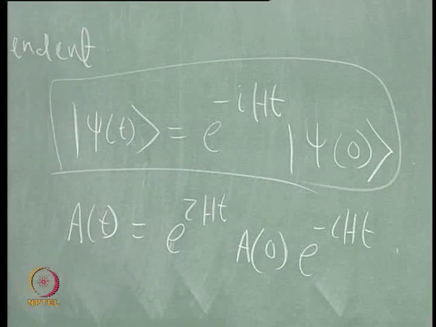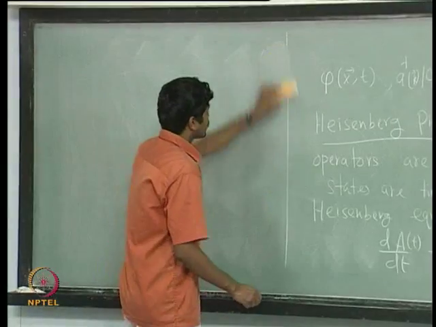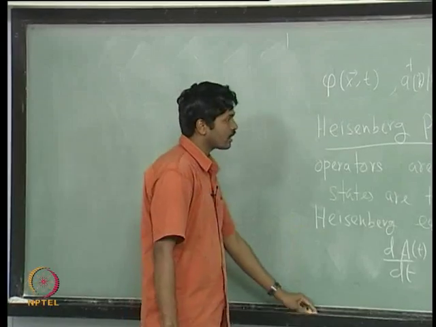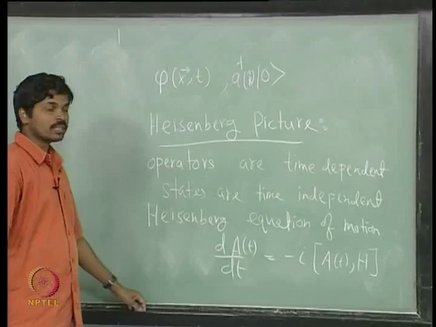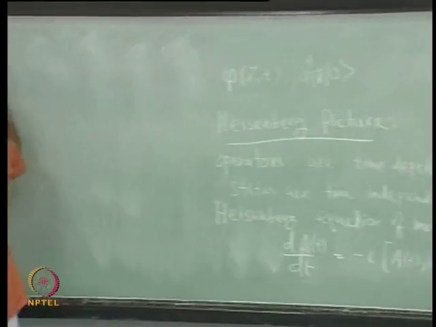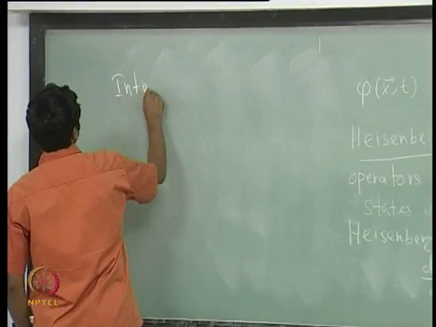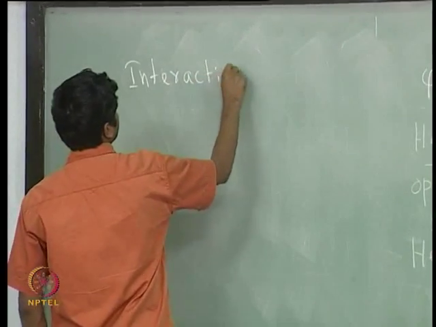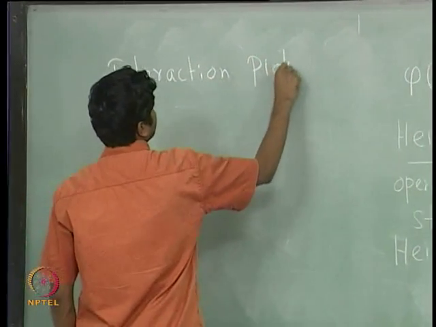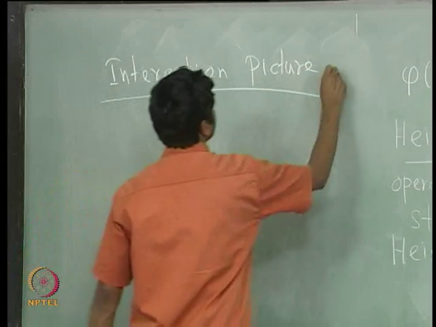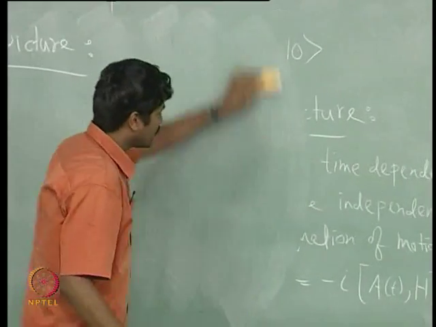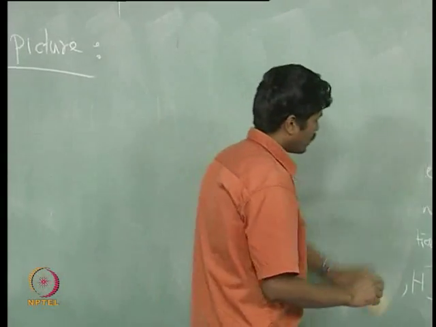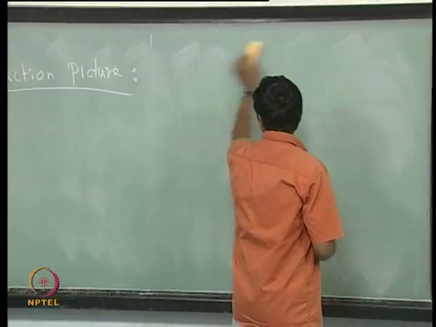In presence of interaction, neither the Heisenberg picture nor the Schrodinger picture is convenient to work with. There is something which is called the interaction picture, and it is quite convenient to work in the interaction picture when there are interacting terms.